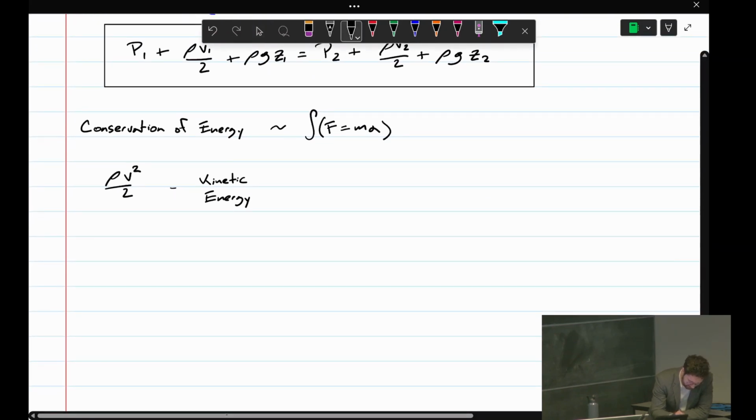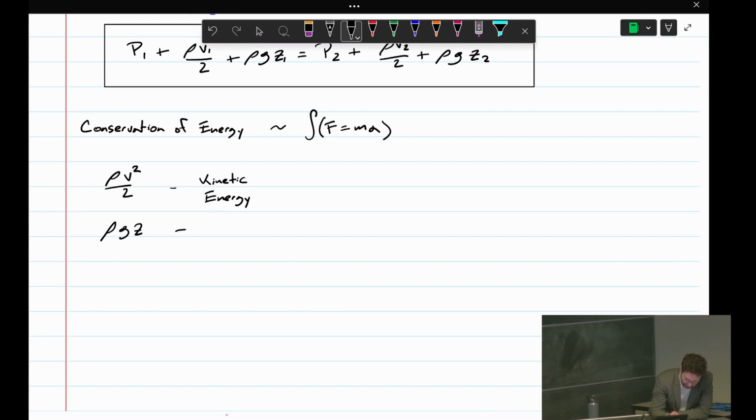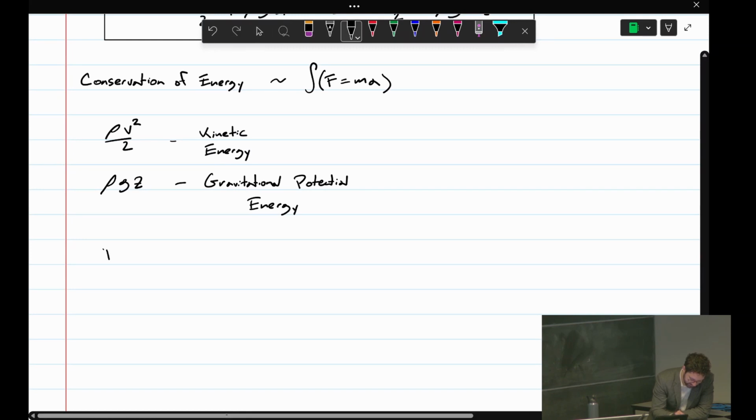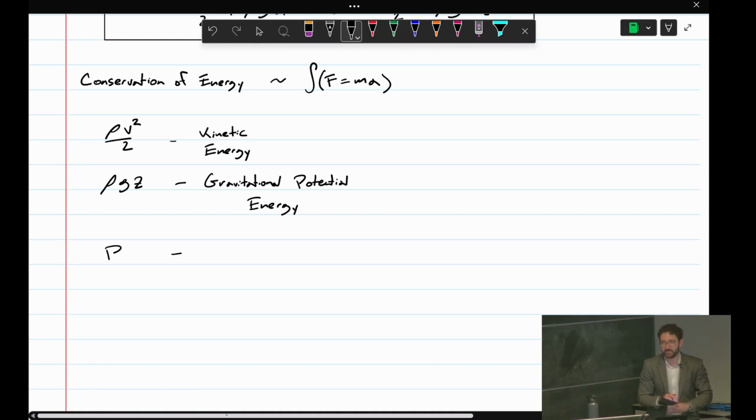We have rho gz. That's gravitational potential energy. We have P. We might have an additional term in here than you're used to seeing in conservation of energy.